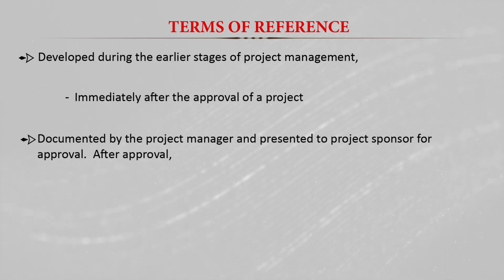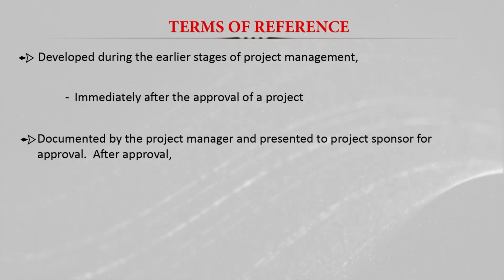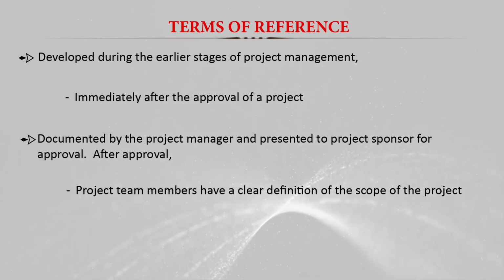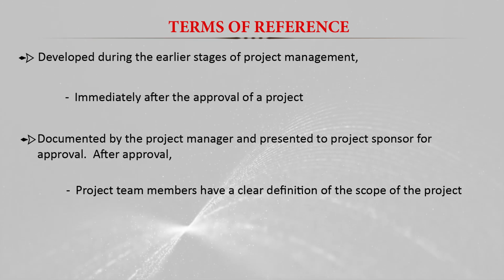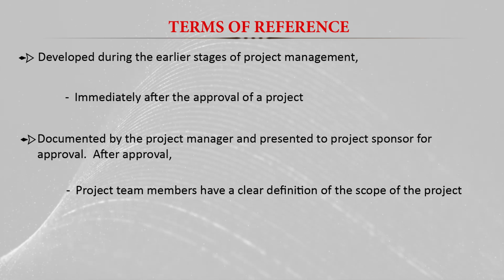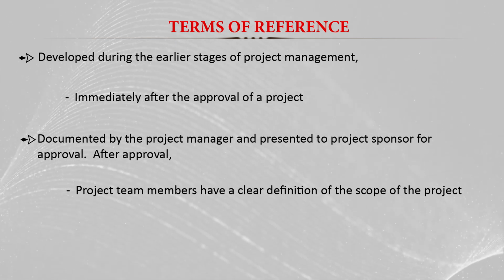So when we develop this terms of reference, the project team members have a clear definition of the scope of the project. They can understand what type of activity they have to do and what things they have to achieve.